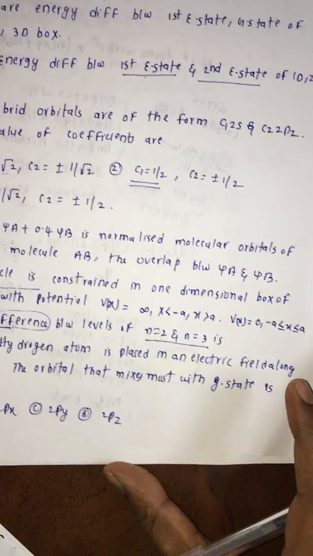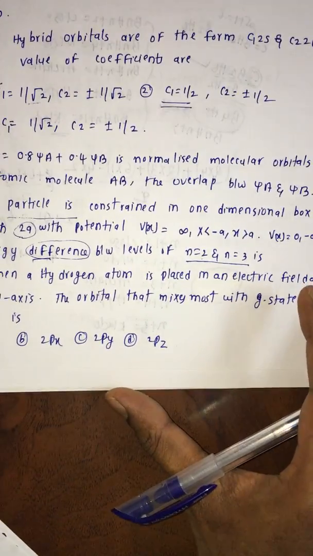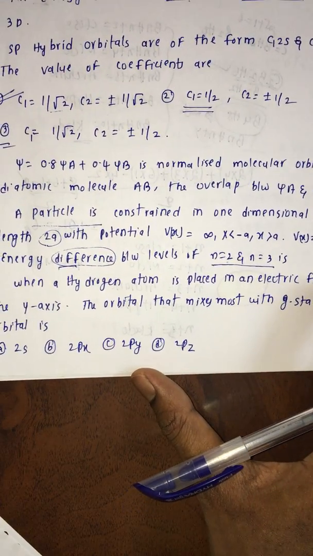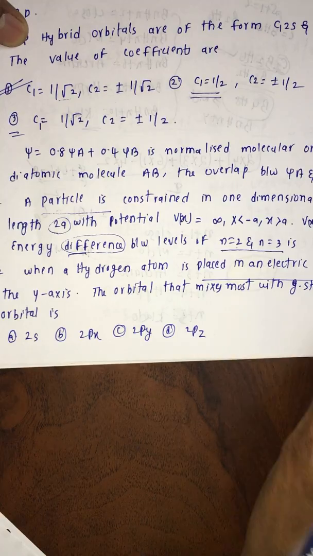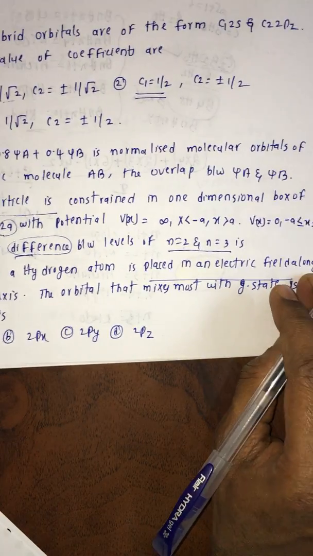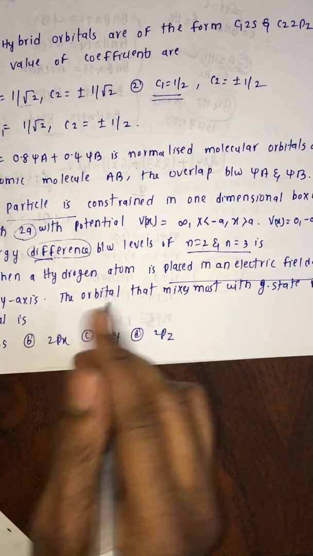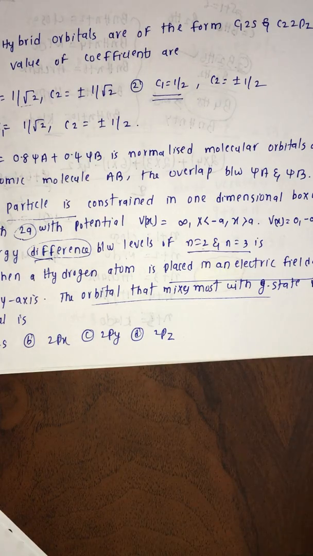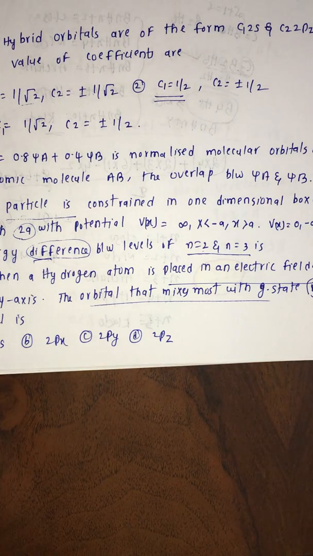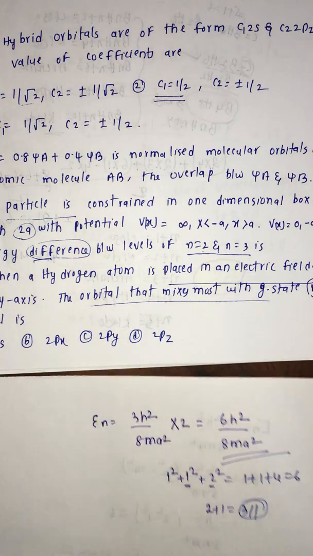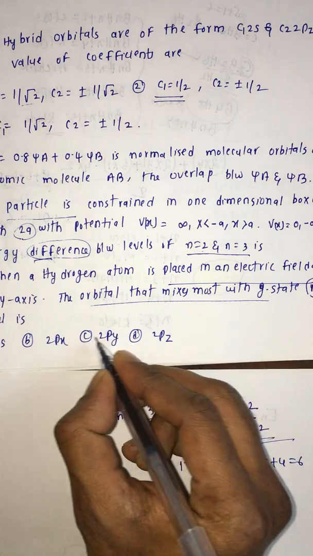And here we have one last question: when a nitrogen atom is placed in an electrical field along the y-axis, the orbital that mixes most with the ground state 1s orbital is. Here the answer is 2py.